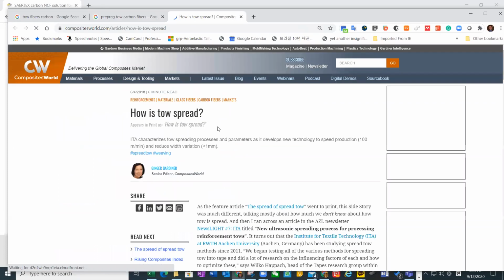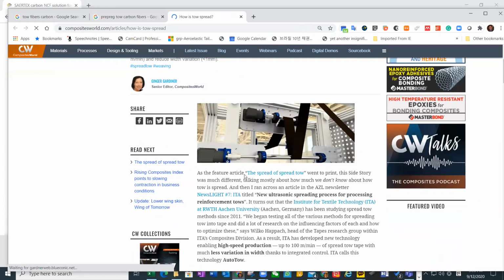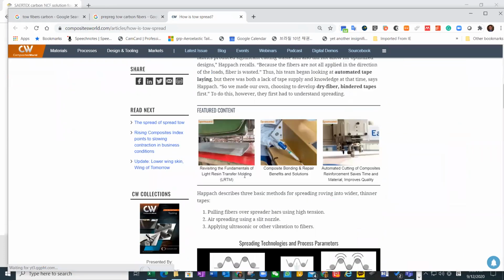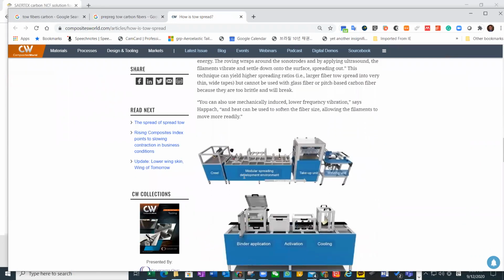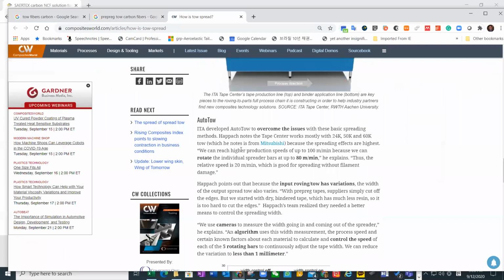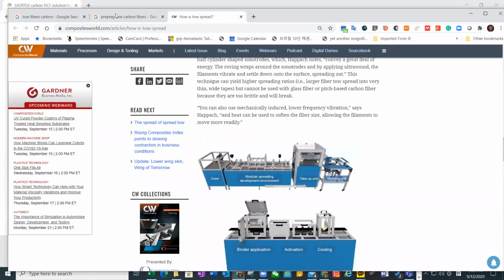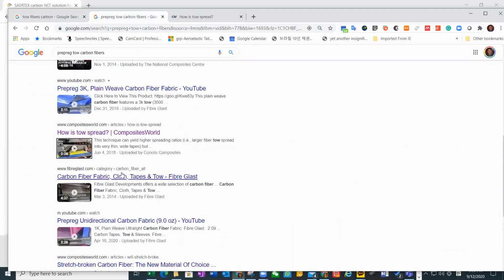I would like to emphasize how the tow is spread. The spread procedure is important. Well, there's no video here.